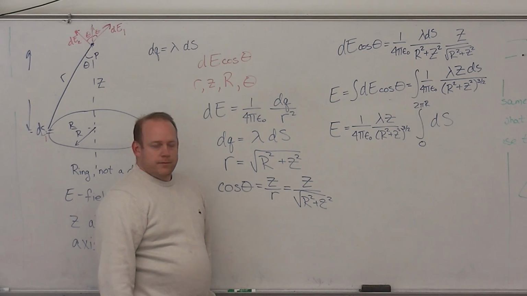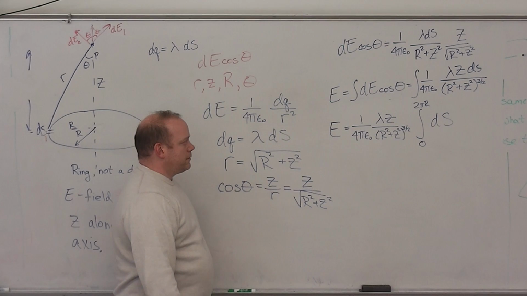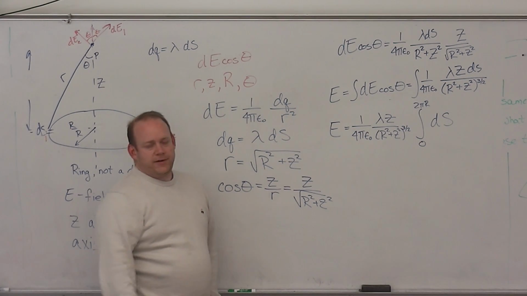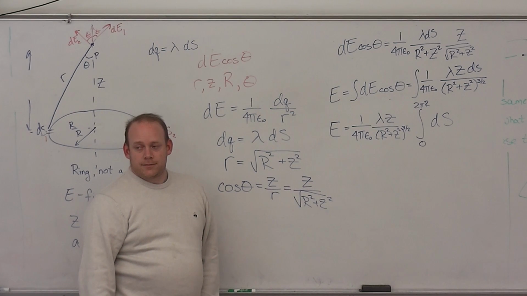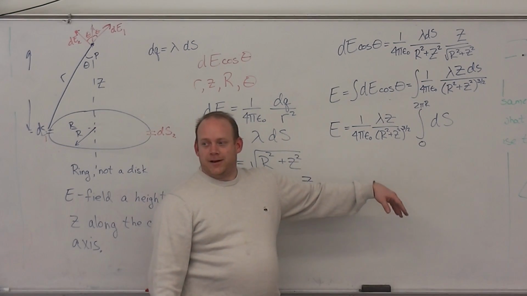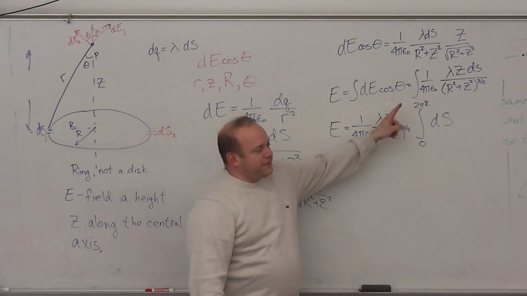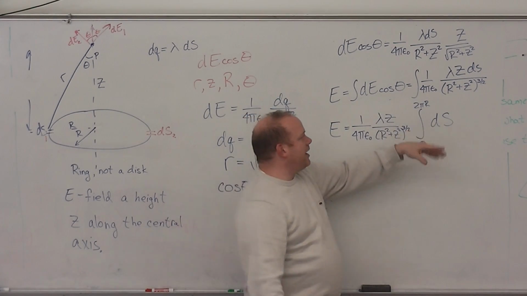Kevin, you're not in BC Cal. What's the integral of ds? Well, you actually took the definite integral of it. The integral of ds itself is going to be s, and then when you plug in the limits, it'll be 2 pi r.